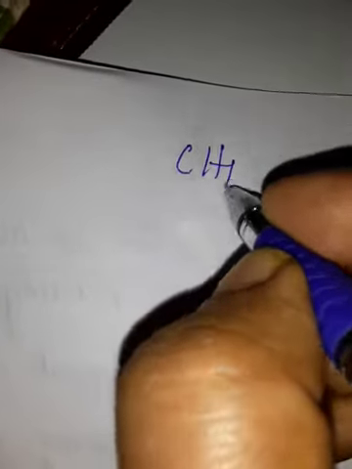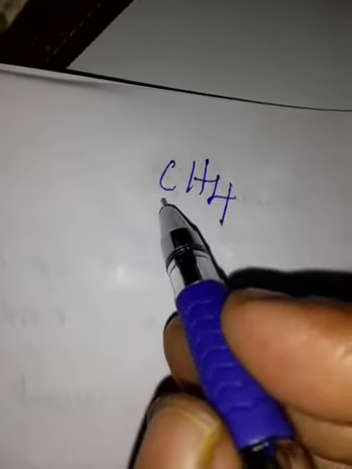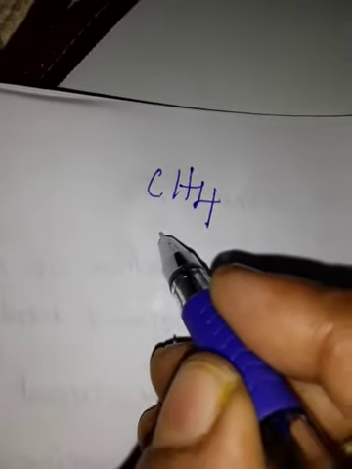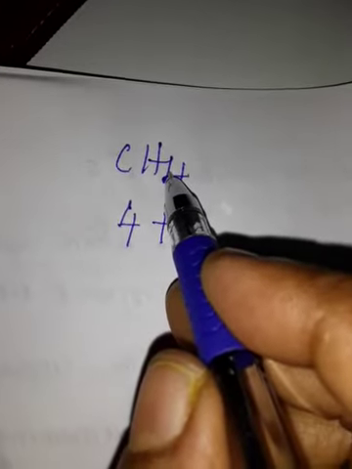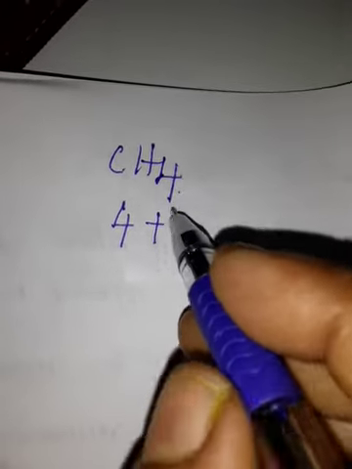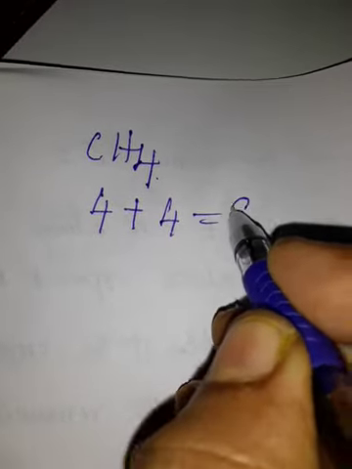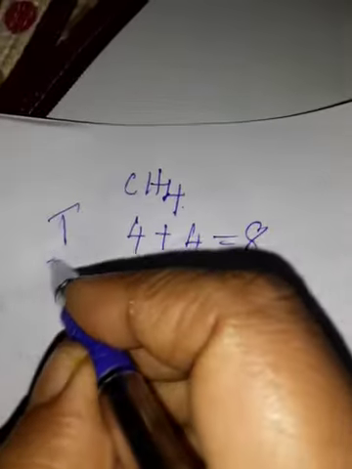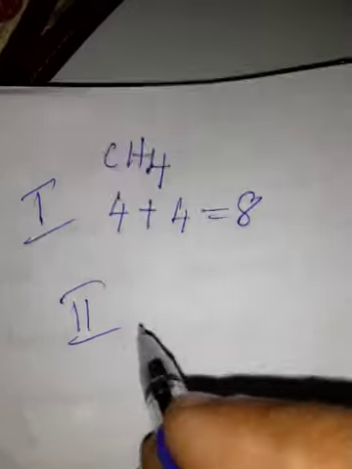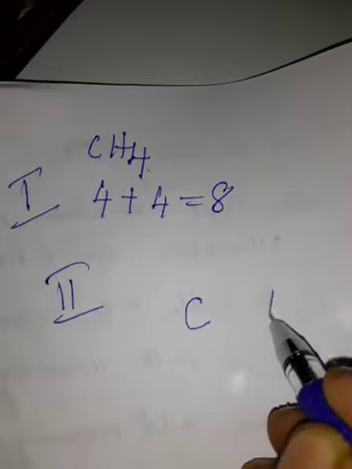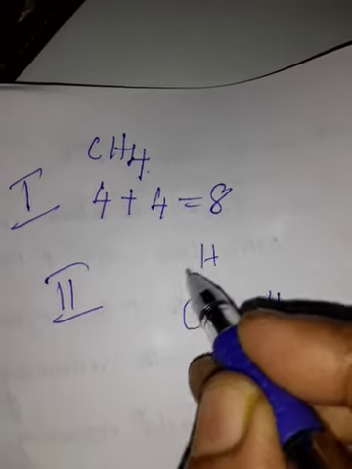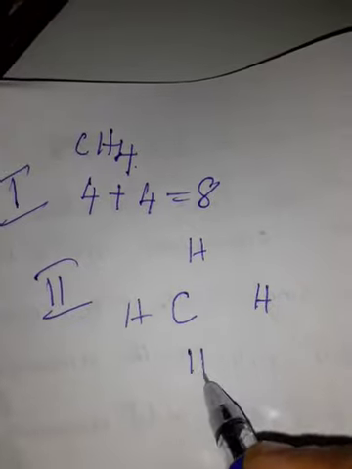Take methane, for example, CH4. Carbon, atomic number 6, outermost valence electrons 4. Hydrogen, first period, so only 1 electron, and there are 4 hydrogen atoms. 4 plus 4, 8. This is the first step. Second step, carbon, the least electronegative atom, at the middle, then the other atoms evenly spaced around it.